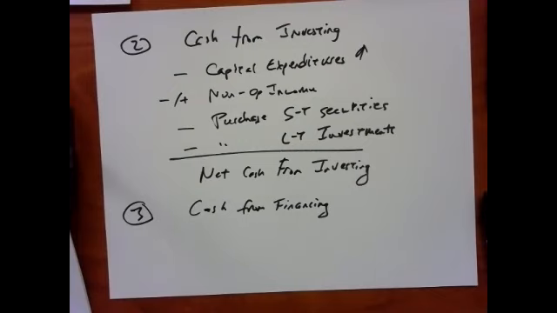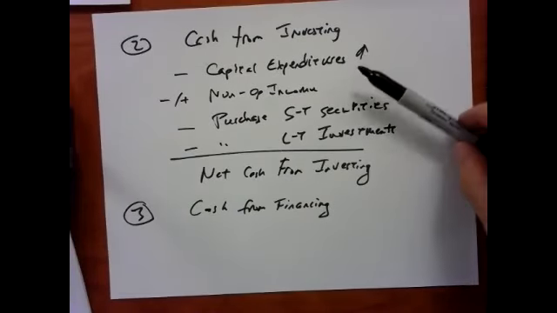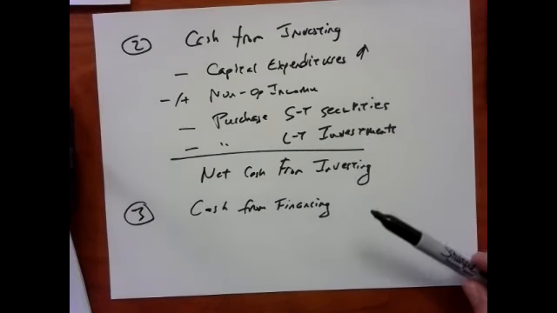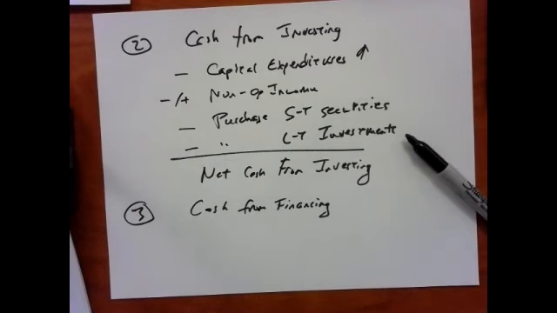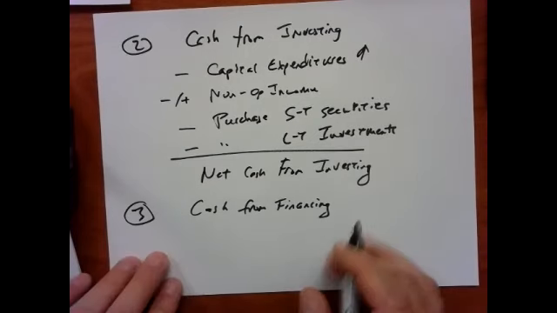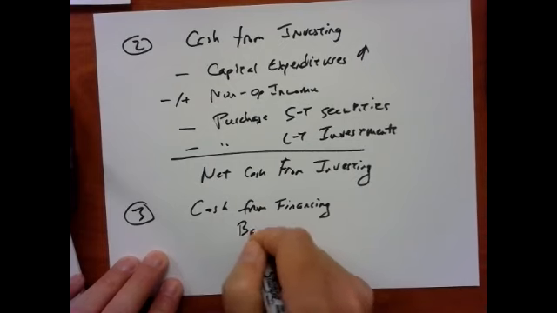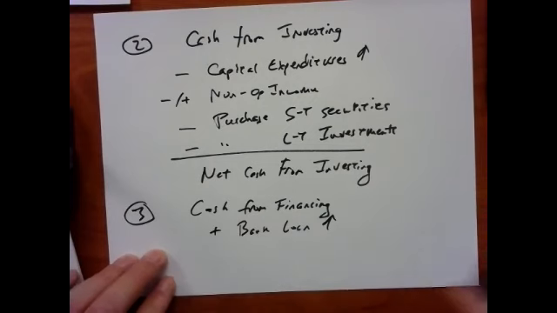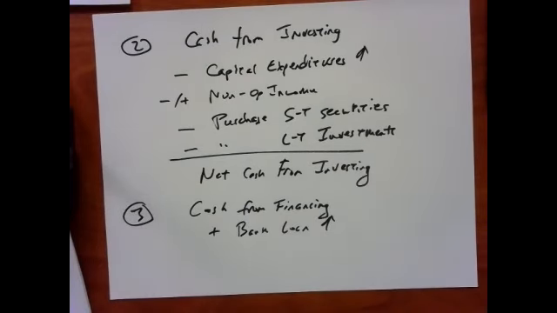right? So if we did that, our PPE would go up by 50,000, which would cause our capital expenditures to go up, which means that our cash flow goes down by 50 up here, right? Then we would look at the loan that we took out, and if the bank loan increases, then cash from financing increases.